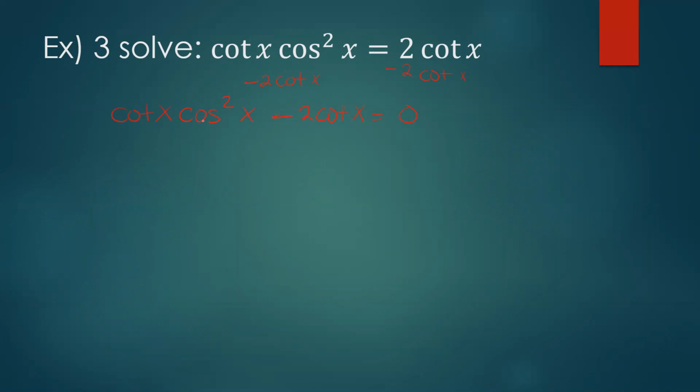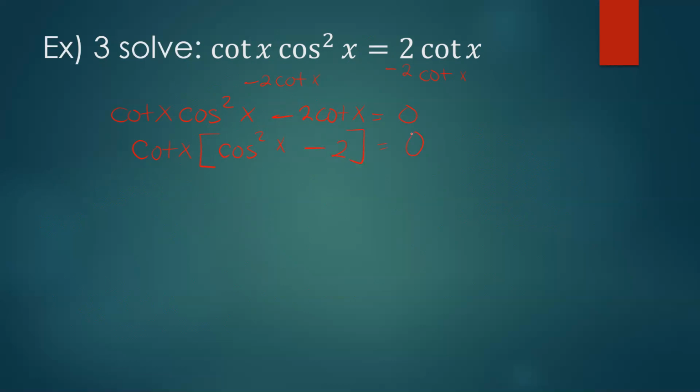I have cotan x times cosine square x minus 2 cotan x. Is there anything I can take out? I can, right? And what would that be? Looks like I could take out 1 cotan x. So this would be cotan x times the bracket cosine square x minus 2 equals 0.